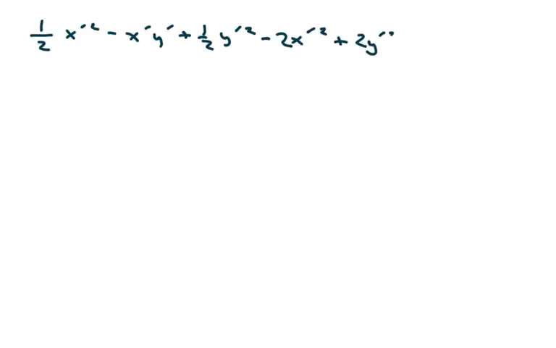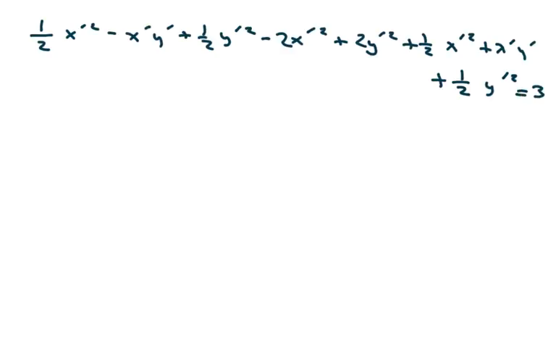So the next part, I'm going to just multiply everything throughout, and I get 1/2 x prime squared minus x prime y prime plus 1/2 y prime squared, minus 2x prime squared plus 2y prime squared, plus 1/2 x prime squared plus x prime y prime plus 1/2 y prime squared equals 3.